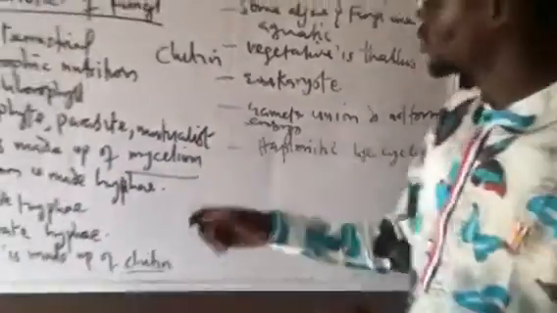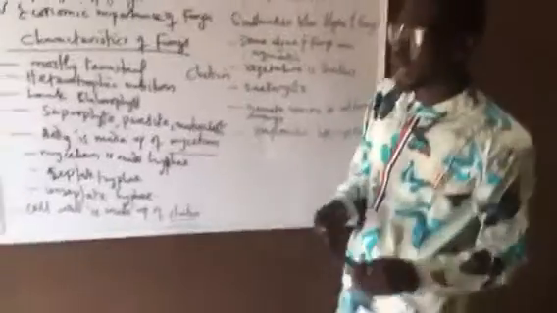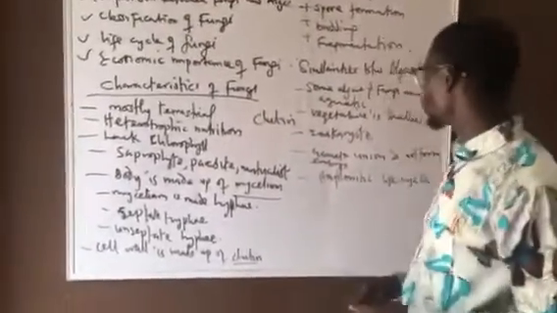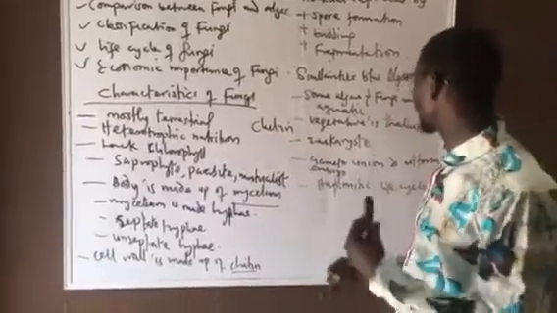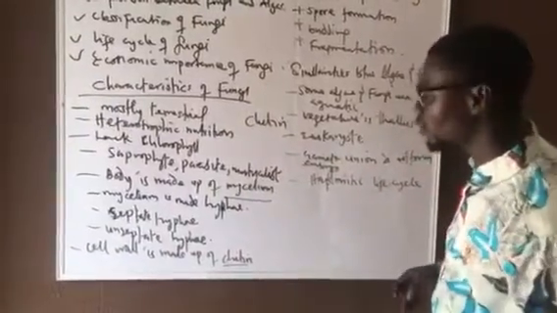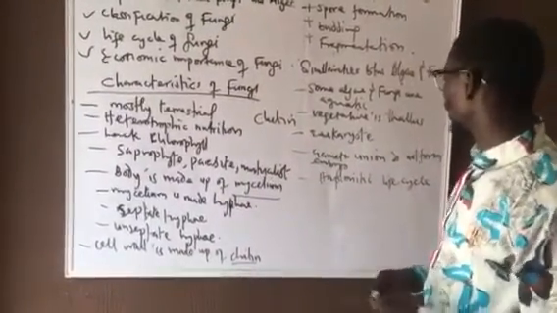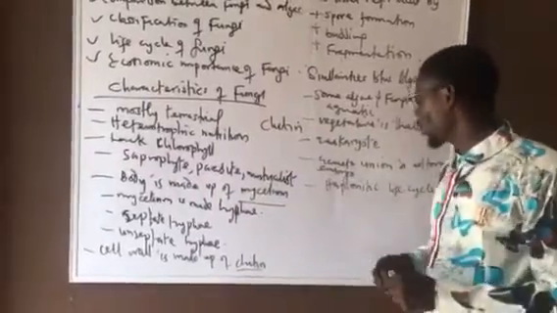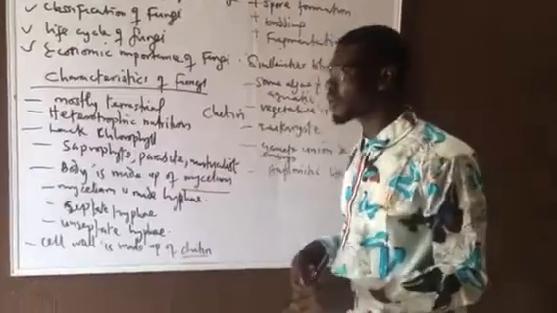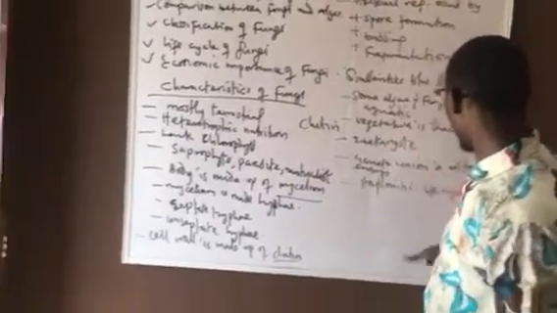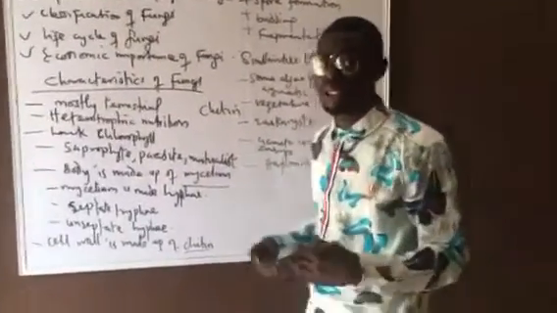That's another similarity. They have a haploid nucleus. So when we talk about similarities between algae and fungi, they are aquatic, their vegetative body is thallus, they are eukaryotic, mostly unicellular, and they have a haplontic life cycle.